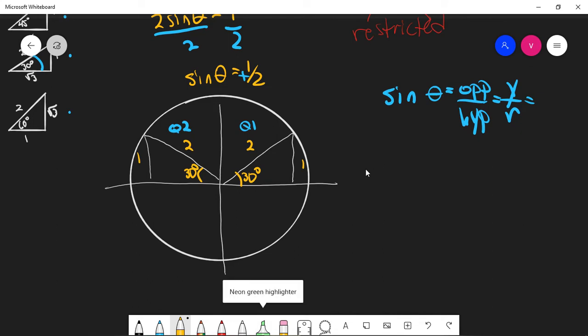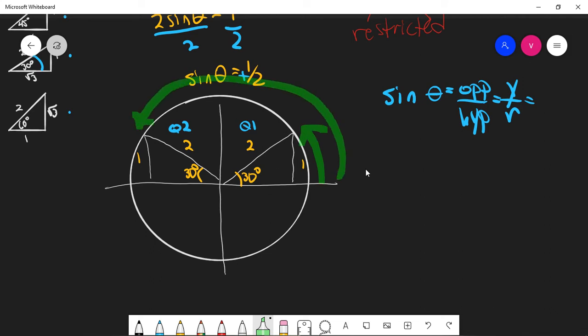So what are they? From 0 to here, and from 0 all the way around to here. That would be at 30 degrees and also at 150 degrees. But there's one more piece to this. They didn't specify in this problem, but I want to show you the concept.